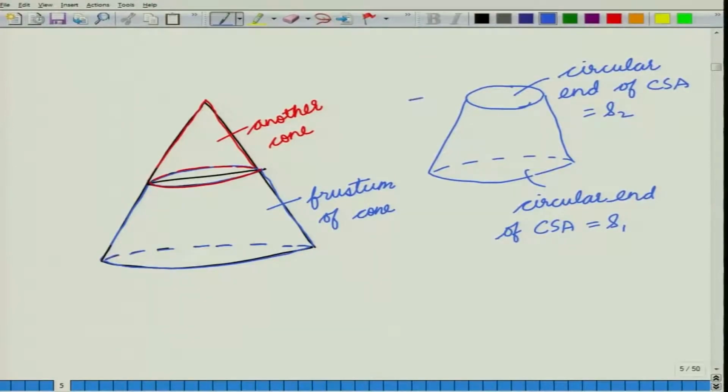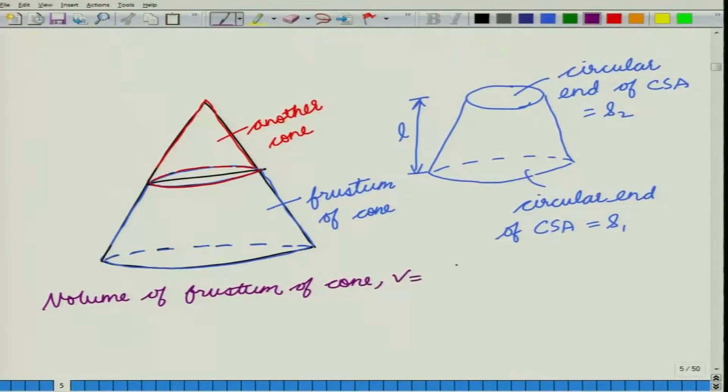Now, if L be the length of the solid, so if this height is equal to L, then the volume of the frustum of cone is given by V is equal to S1 plus S2 plus square root of S1 S2, whole upon 3 into L.